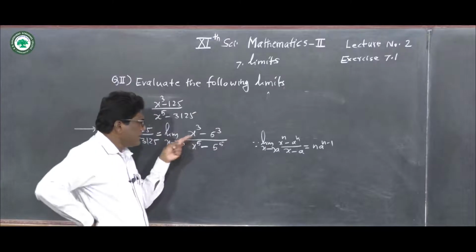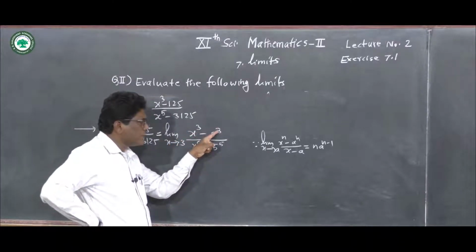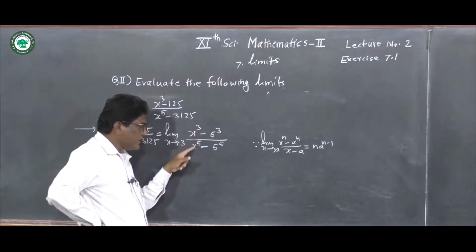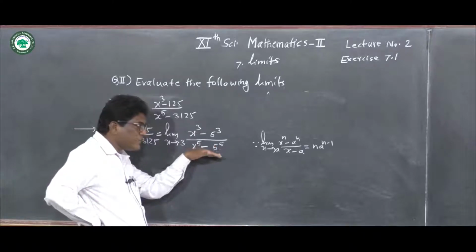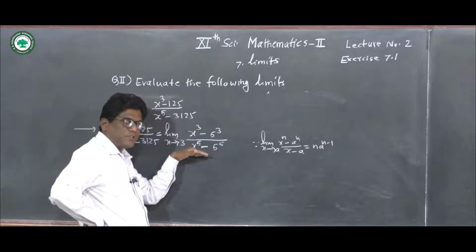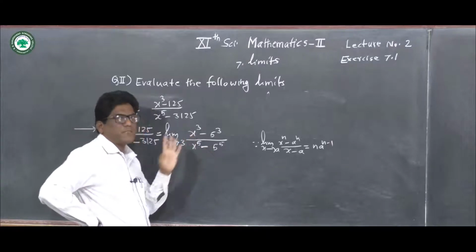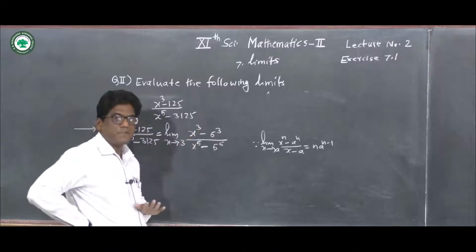In the numerator there is x to the power 3 minus 5 to the power 3, so it should be divided by x minus 5. Also in the denominator, x to the power 5 minus 5 to the power 5 should be divided by x minus 5. So we divide numerator and denominator by the same number, x minus 5, so that we can use the formula in the numerator and denominator separately.